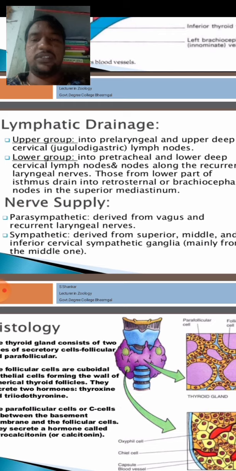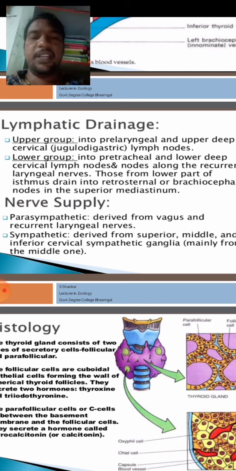Jugulodigastric lymph nodes. The lower group drains into the pretracheal and lower deep cervical lymph nodes and nodes along the recurrent laryngeal nerves.